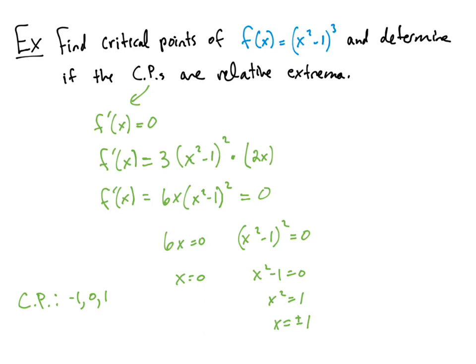And the only way to really see if these are relative extreme values is by looking at the graph. The graph of this function looks something like this. I graphed this with technology.